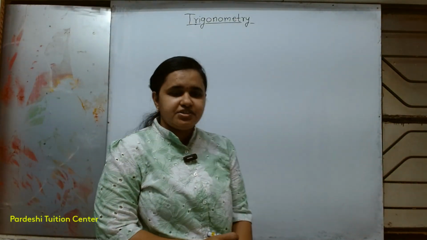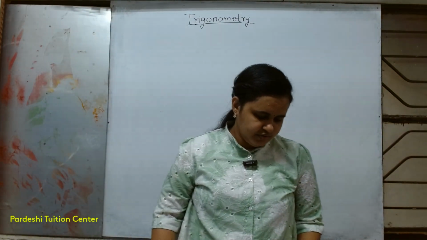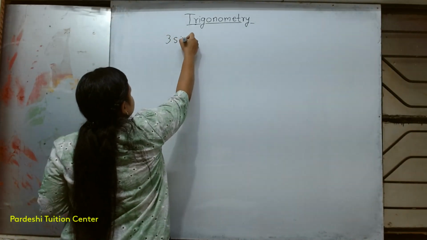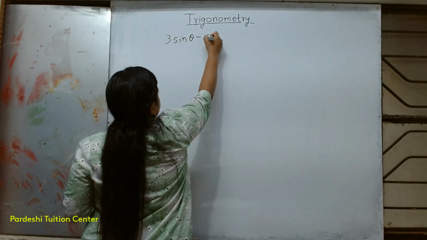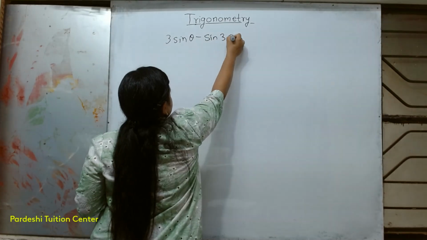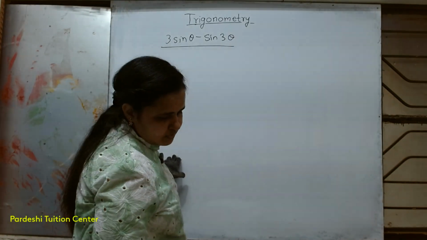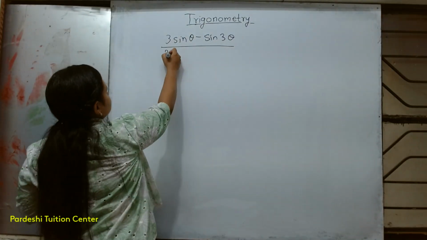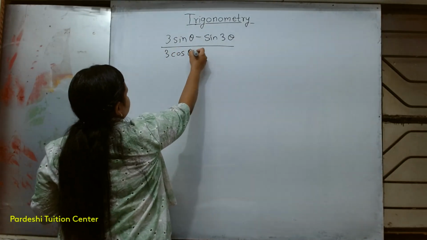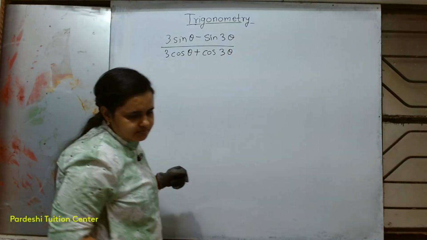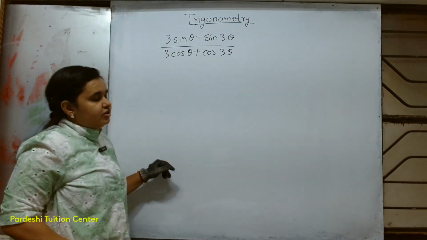Now the second question is (3 sin theta minus sin 3 theta) upon (3 cos theta plus cos 3 theta). Okay.